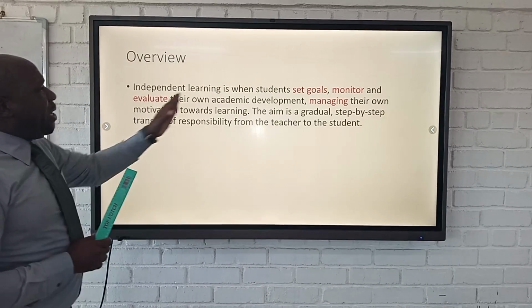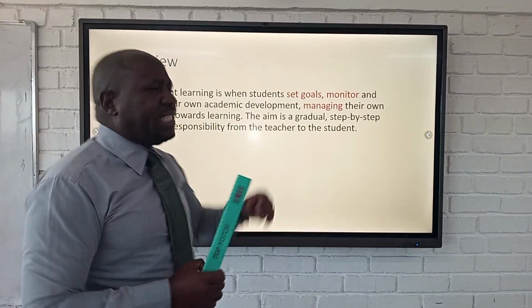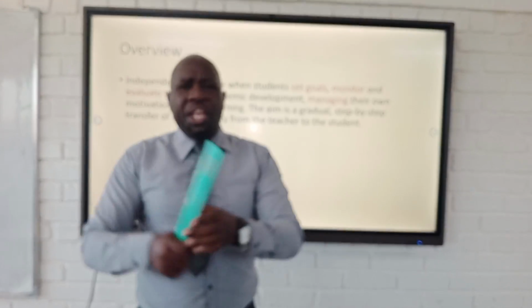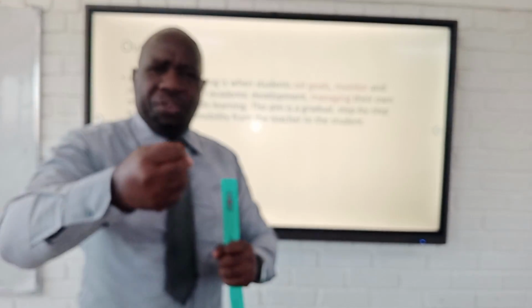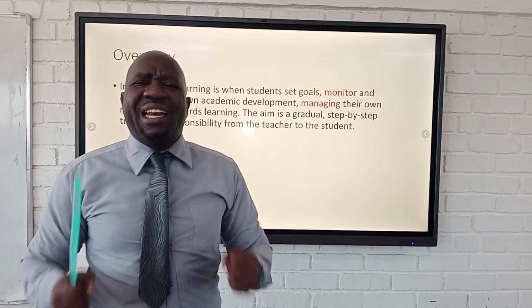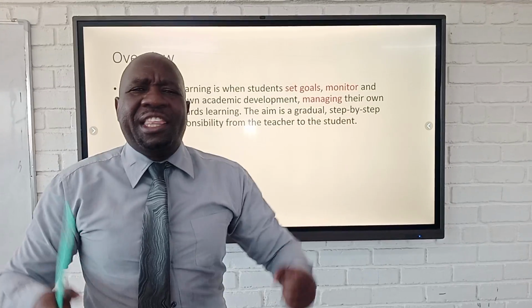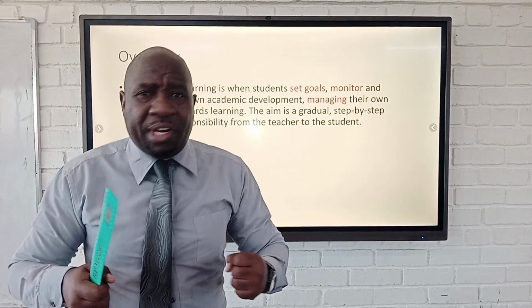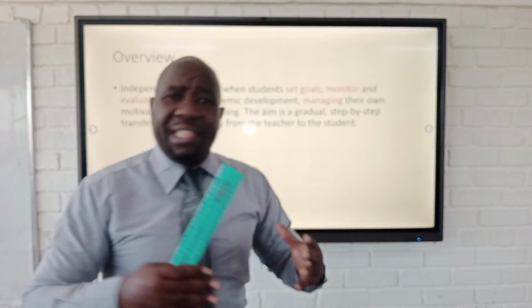So independent learning is when students set up goals. They say, I want to achieve, I want to attain. They monitor their learning processes and their learning progress. We wrote a test, but in this test I did not do well. We wrote this exercise, but in this exercise I did not do well.